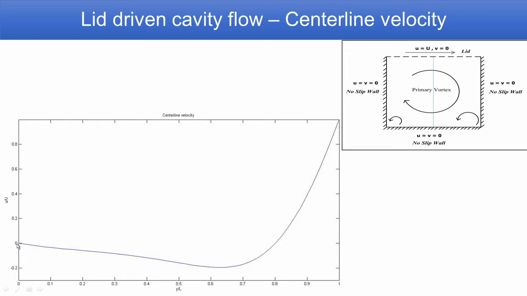So, you have u equal to 0 at this point, and it goes down to some negative value at a particular value of y by L, then it starts showing positive values. That is the interpretation of this line. It is also possible to plot velocity variation along any particular location, both horizontally as well as vertically.